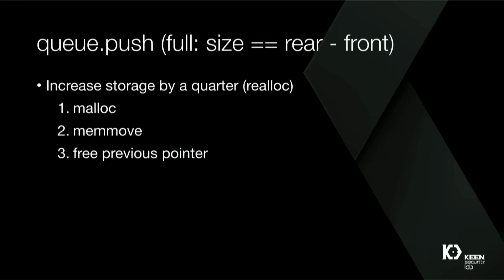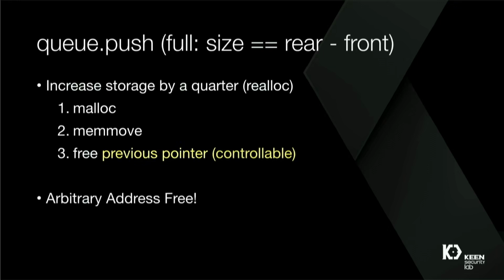And if the size is equal to the length, it will expand the storage automatically. In detail, it will increase the storage by a quarter, which needs to reallocate the buffer. It first allocates a new buffer, then moves the previous memory to the new buffer. Finally, it frees the previous buffer pointer. Similarly, the previous pointer is controllable, so we got the arbitrary address free.